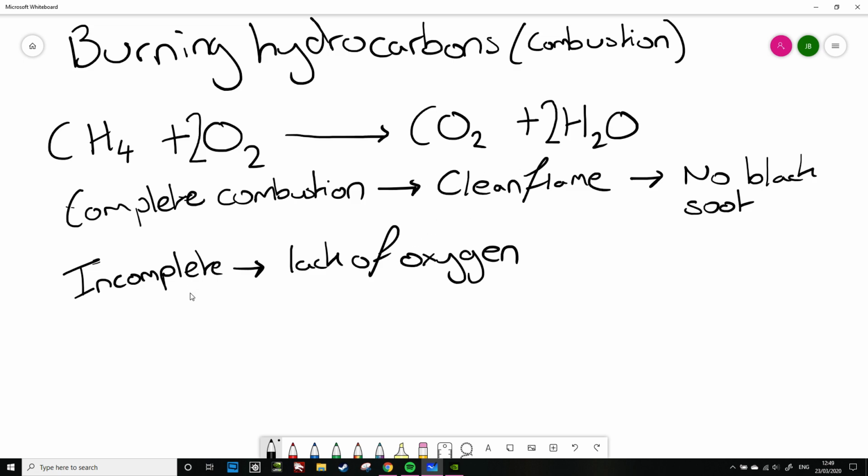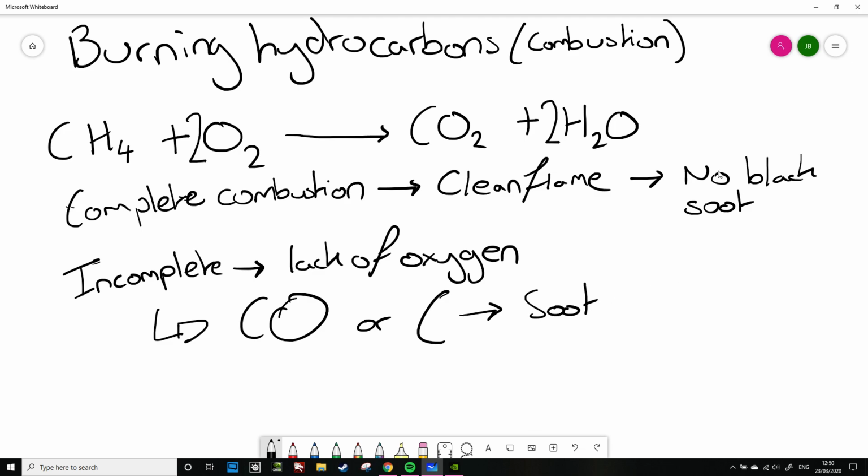Now, in incomplete combustion, we have a lack of oxygen. If we look at our products, we've got CO2 and we've got water. This time in incomplete combustion, because we don't have enough oxygen, instead of making CO2, we'll make CO, or in some cases, just C. Now this is soot, and that's why in this one, incomplete, we get some black soot.